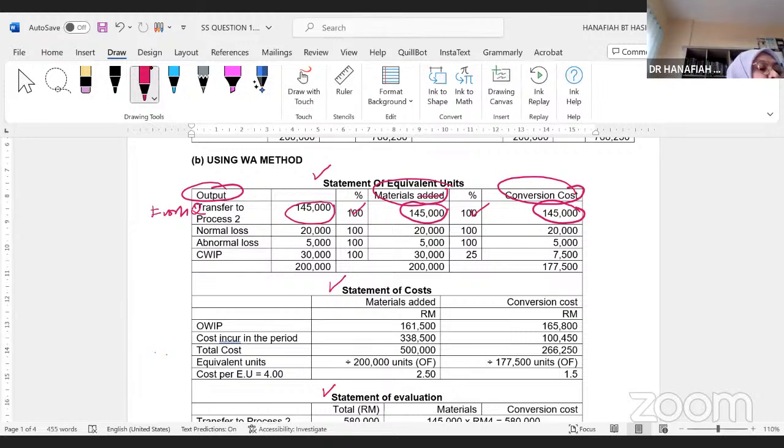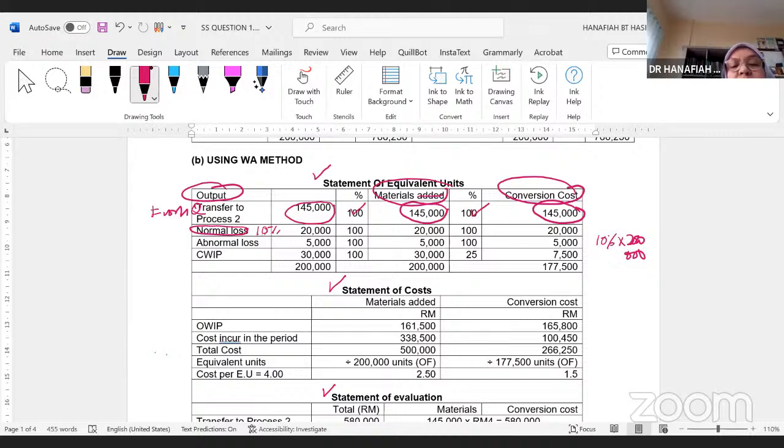And then based on the information, the normal loss is 10%. How do I derive 20,000? It is 10% times 200,000. Where do I get the 200,000?